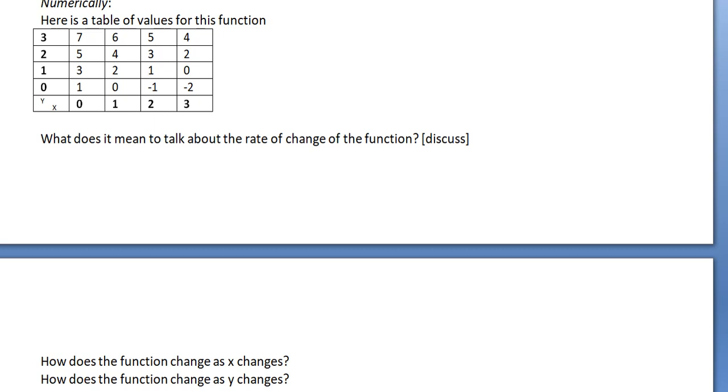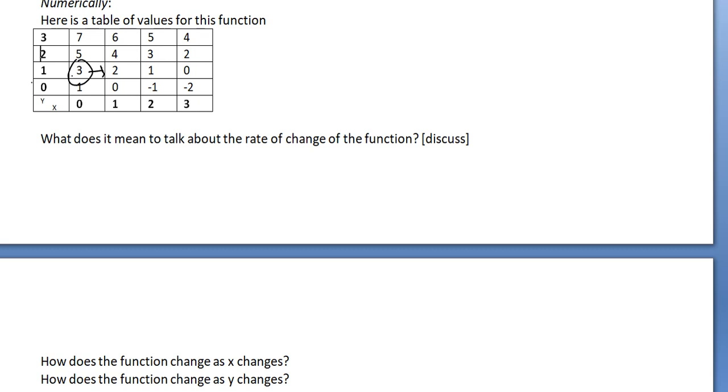So let's pick a point to start at. So let's, for example, start at the point x equals 0, y equals 1. So from that point, how does the value of the function change as x changes? So x changes in, if you like, going in the rightward direction.